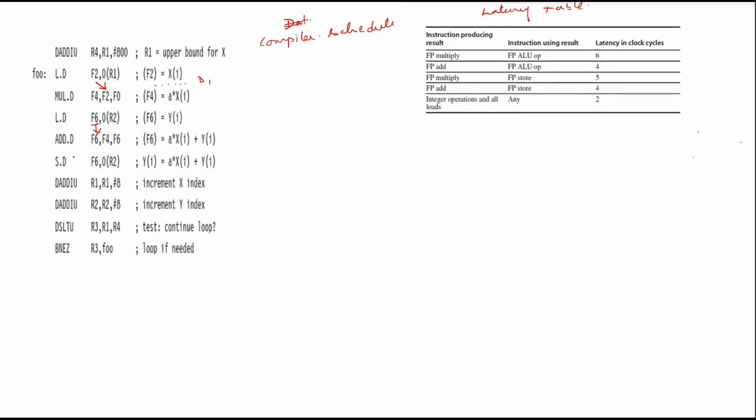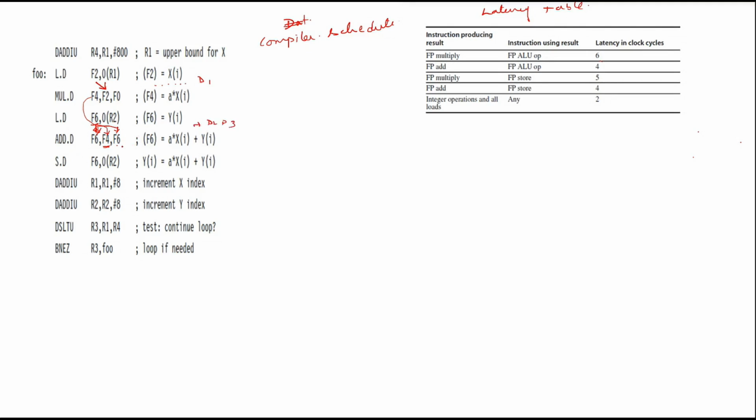And where does F4 come from? F4 comes from the mul. So this is the other data dependence. So here we have two data dependences, D2 and D3.